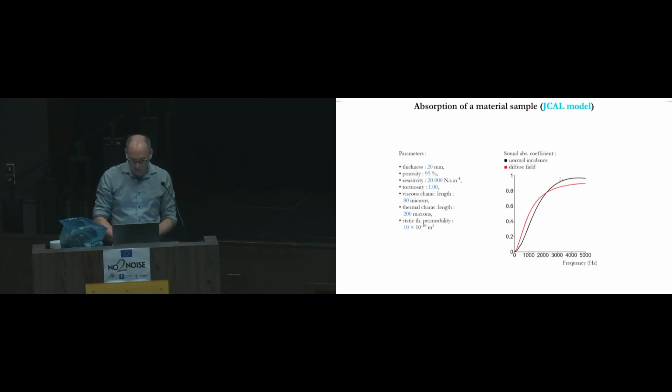Okay, what you see there is the sound absorption computation. So we are using rho and k of a JCAL model. So we have all these 6 parameters plus the thickness of the porous material. And we have normal incidence and diffuse field computed in real time. Okay, and if I change the value, for example, of this static permeability, you can see that it's only a very small change in the curve.